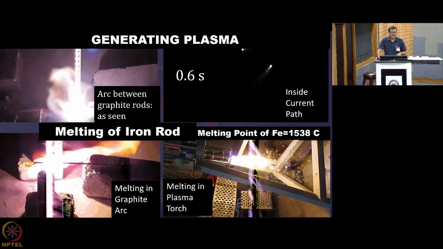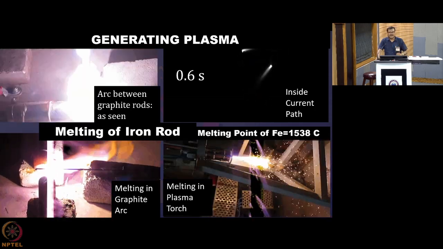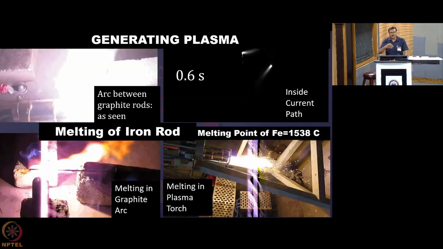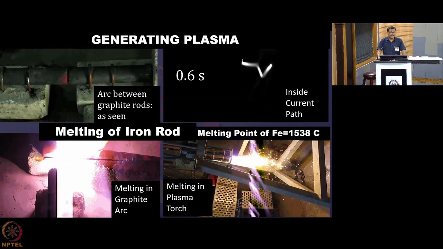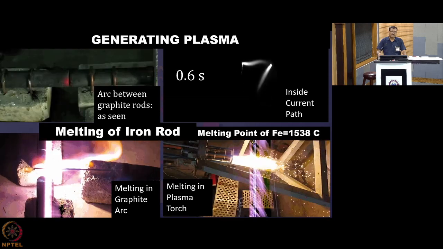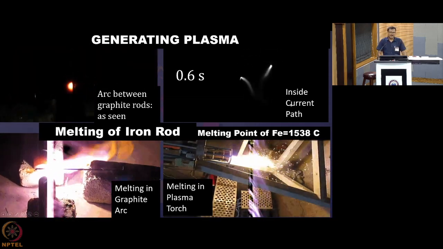So if I ask you why an arc is called an arc, you can say it is because of that reason: the arc never stays straight, it always forms an arc, and that arc need not be a perfect arc, it can be a twisted kind of geometry as you are seeing over here.